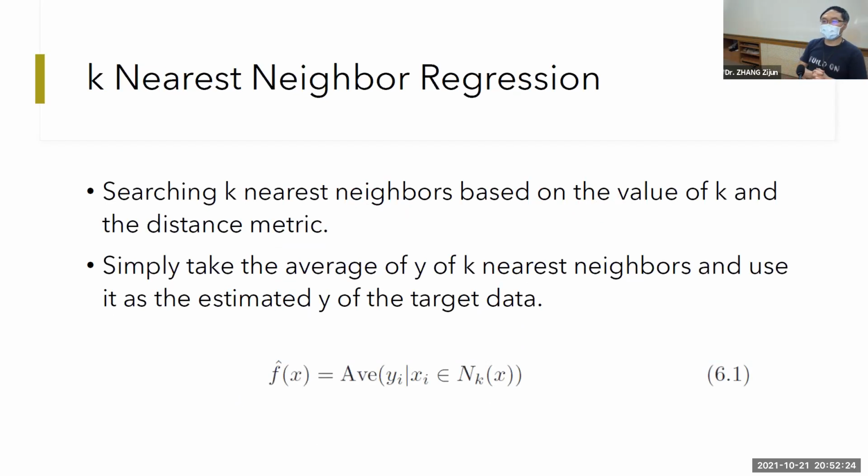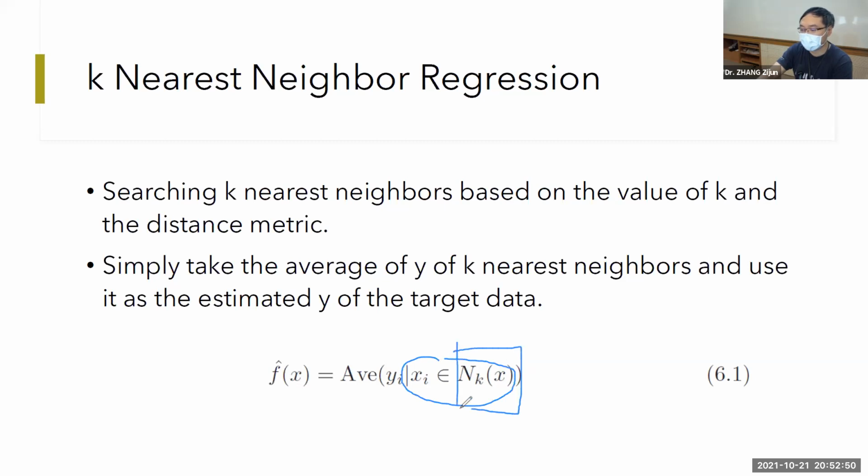We finished the linear regression models very quickly. I guess most of you already know that, so I just recap. And next, I would like to talk about k-nearest neighbor regression. K-nearest neighbor regression is similar to k-nearest neighbor classification. The logic is the same. First, you need to find its neighbors.